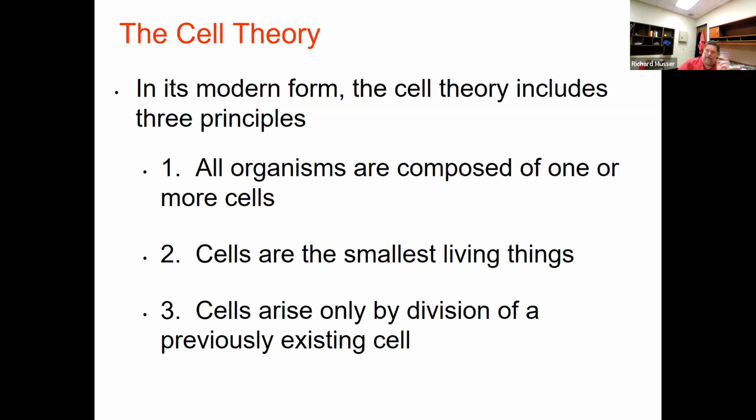So if we have protocells running around now, they're most likely just going to be engulfed by cells that are currently living, because they dominate the oceans now. That's why we don't have these new cells forming all the time. Anyway, go back and check out the cell lecture if you'd like to know more about that.